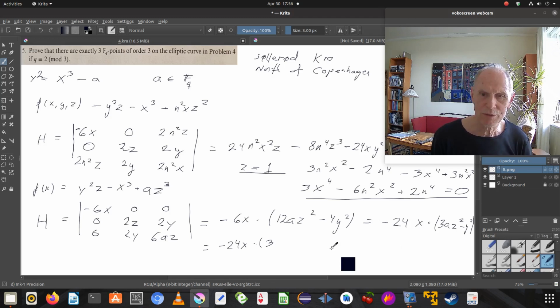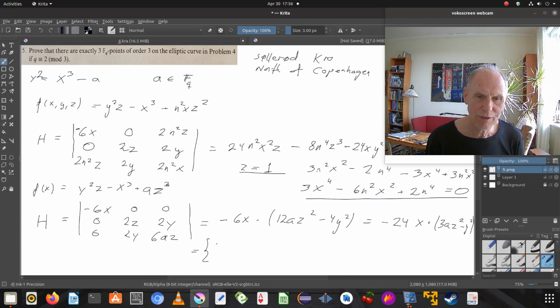We have to distinguish two cases. The first, that's if z vanishes. So we'll get the point of infinity, of course. Then it's minus, that's plus 24xy.